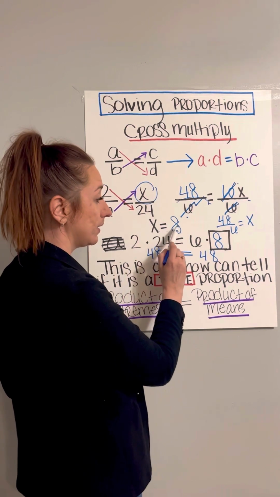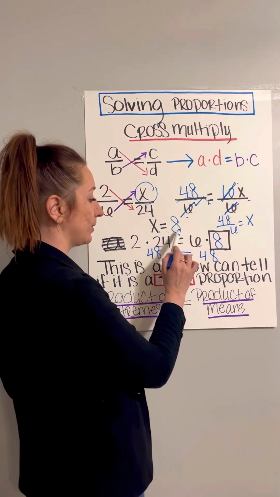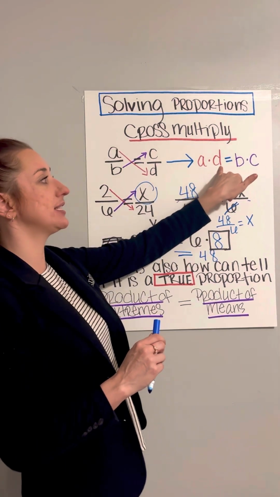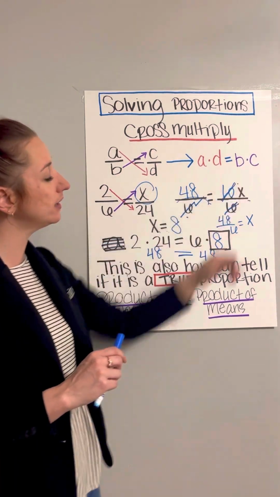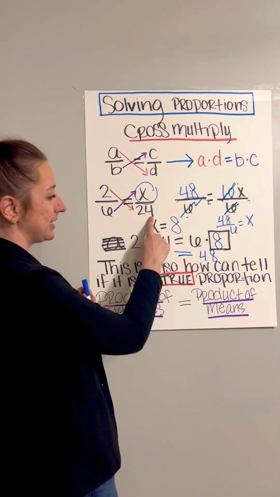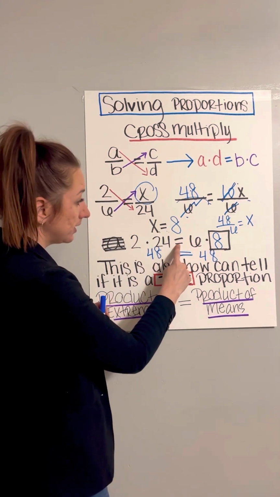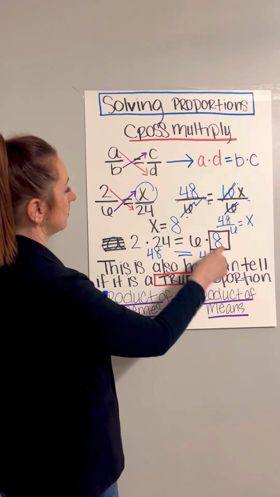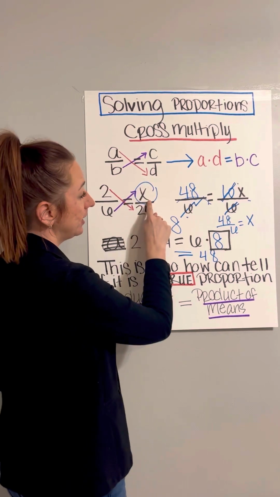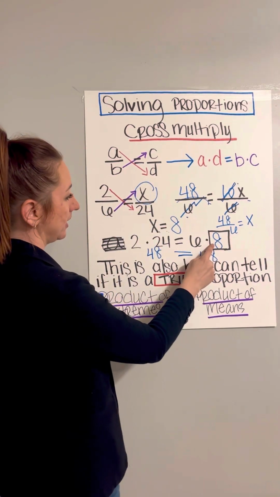So X equals 8. To write it in the terms A times D equals B times C, we have our 2 times 4, which is A times D, equals 6 times 8, our B and our C. We solve for X, which is our C, is 8.